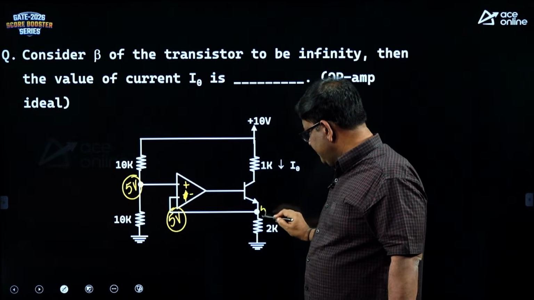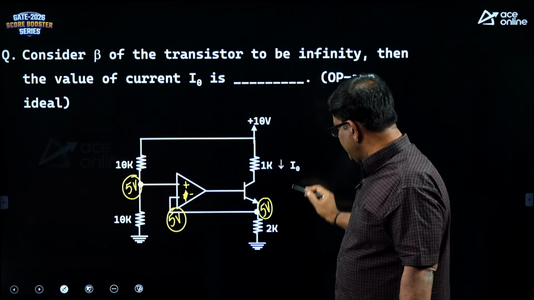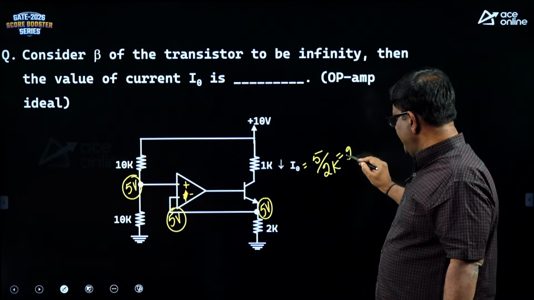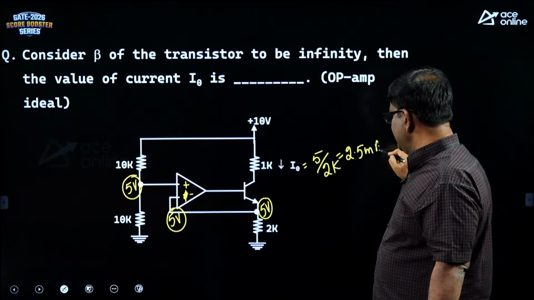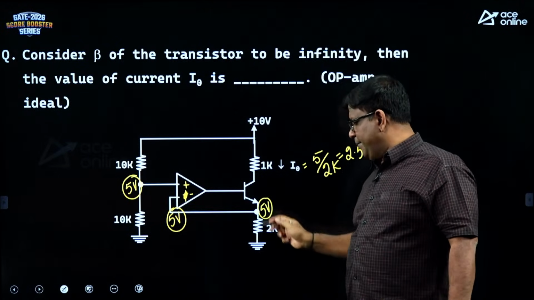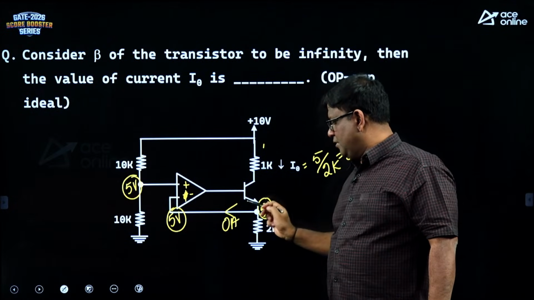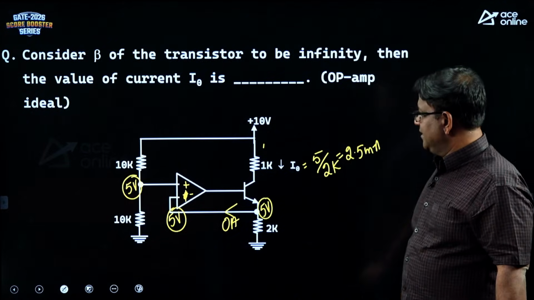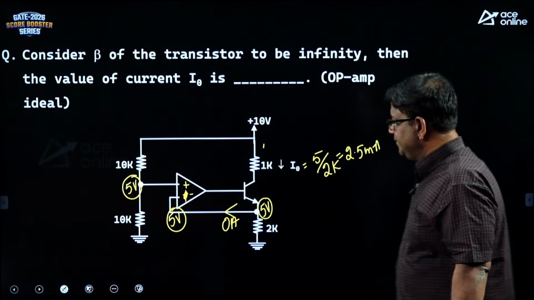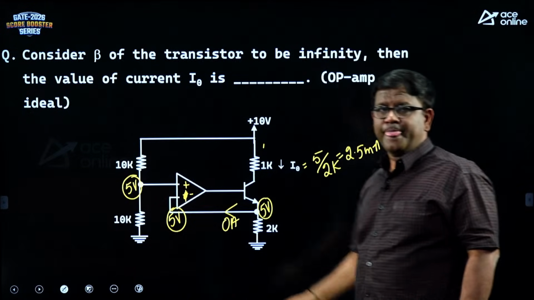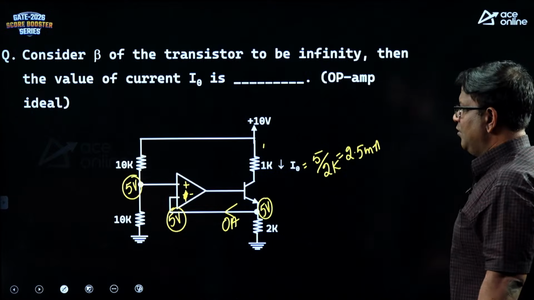So, this is 5. So, 5 by 2K is I naught. It is 2.5 milli, and mind you, whenever the beta is large, the emitter current and the collector current both are same, and op amp draws no current. Op amp never draws any current, and this is a negative feedback problem. You can simply apply something called virtual short.